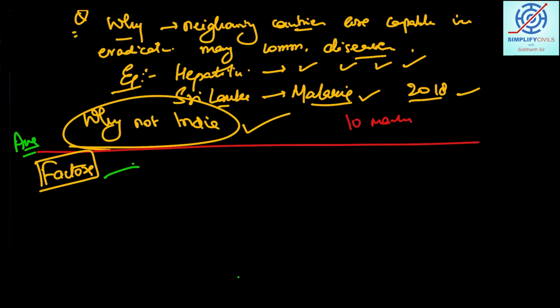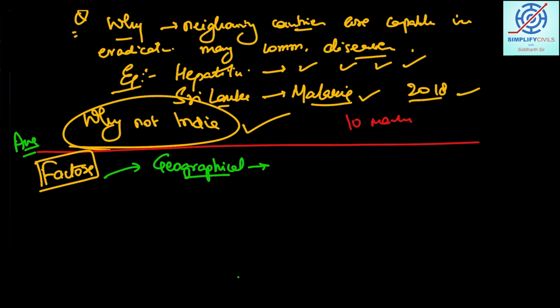The factors can be geographical factors: India is a land that covers both the tropical region and the subtropical region. If we talk about Nepal and Bhutan, the winter season there is 5 months, and because of this the spread of bacteria and viruses is limited, as the temperature is such that these viruses and bacteria are not able to multiply.